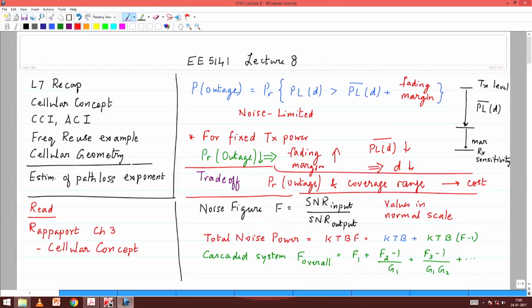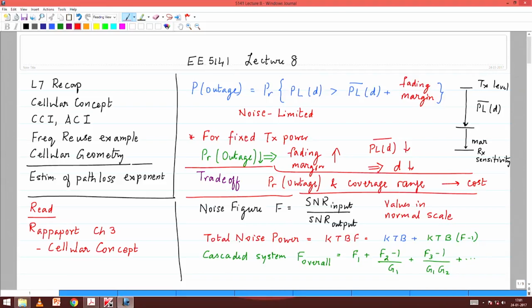So very often when we work with noise figure, we make the mistake going between dB scale and normal scale. Always make sure that you are consistent, whether you're talking in the dB domain or in the normal domain.